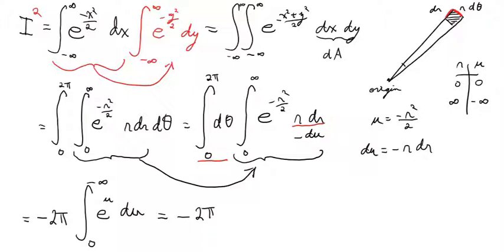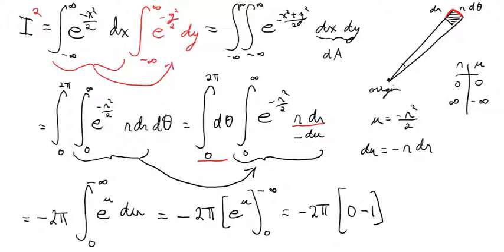So this is minus 2 pi e to the u from u equals 0 to u equals minus infinity. Now, as u tends to minus infinity, e to the u power tends to 0. And e to the 0 power is equal to 1. So 0 minus 1. So that's equal to 2 pi.